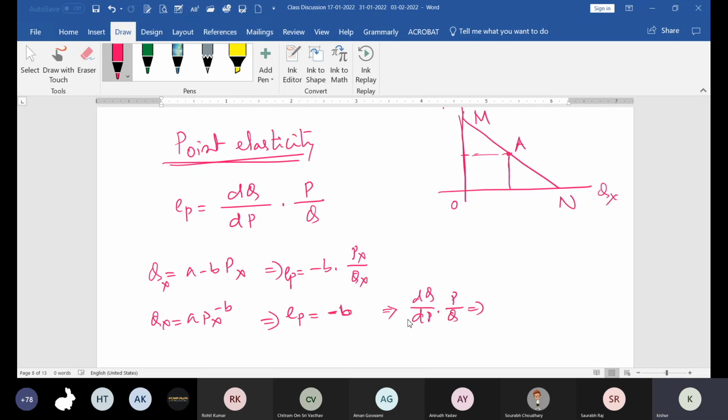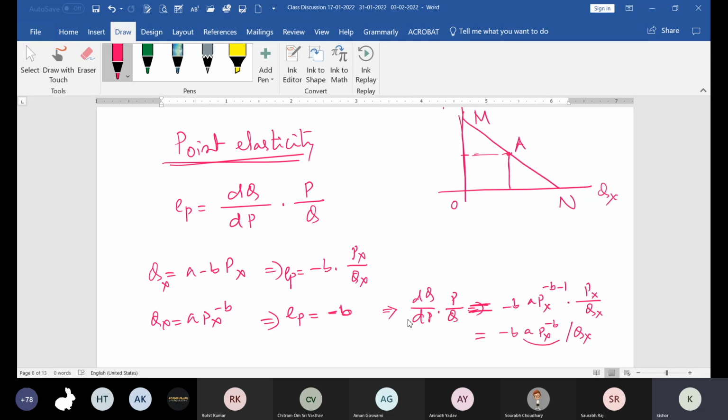In this case, you will get minus b a p to the power px minus b minus 1 into p by q, equal to minus b a px to the power p. You are multiplying it by px and qx, and it will be simply minus b divided by qx. This minus 1 is over because of multiplication.